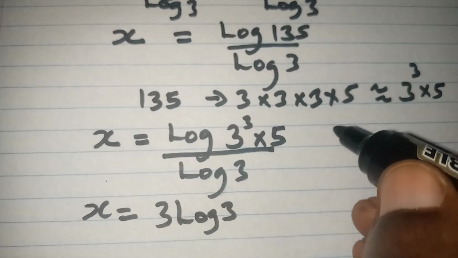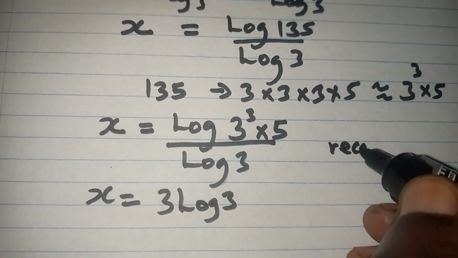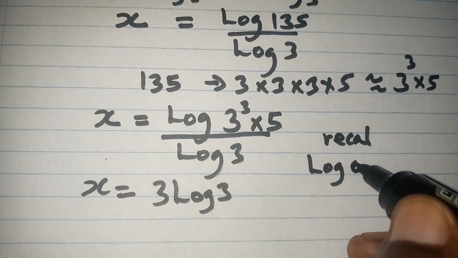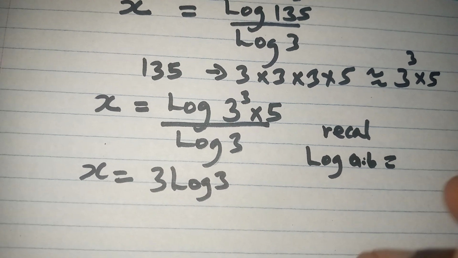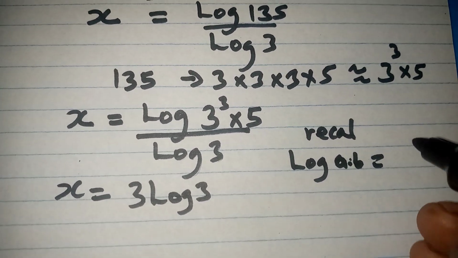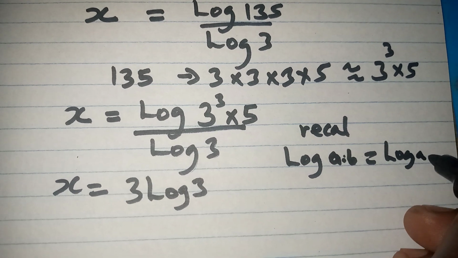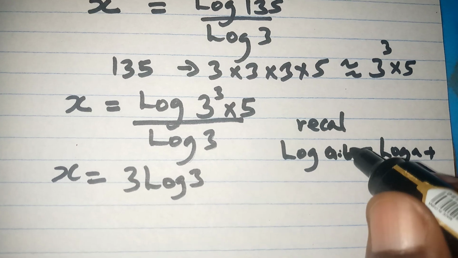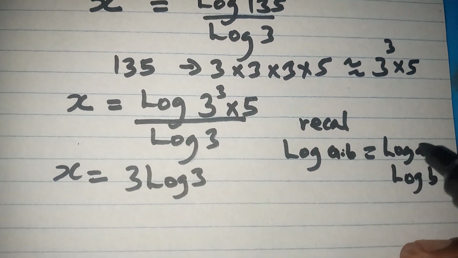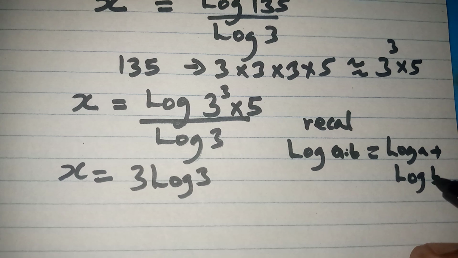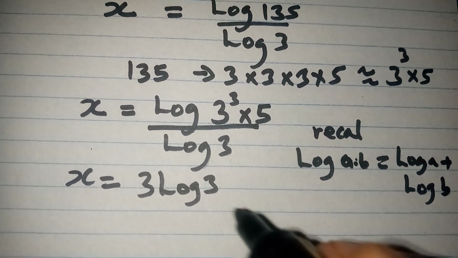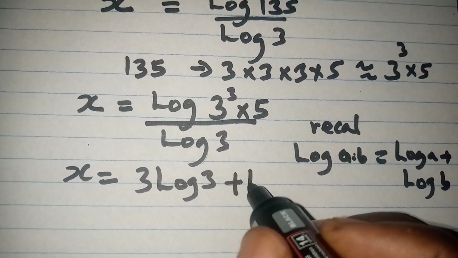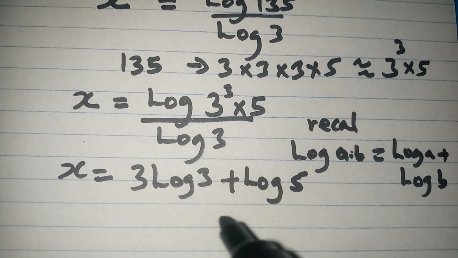And at the same time, also recall that if you have the log of a multiplied by b, then this can be written as the log of a plus the log of b. Since they are multiplied, they can be separated as addition. So I'm going to write 3 log 3 plus the log of 5.